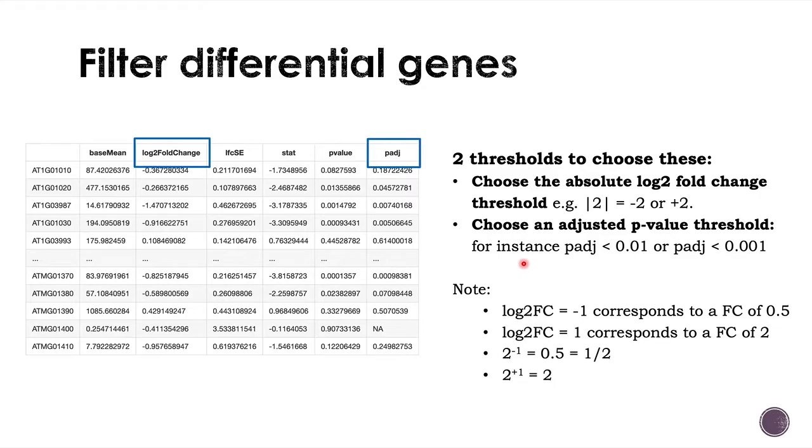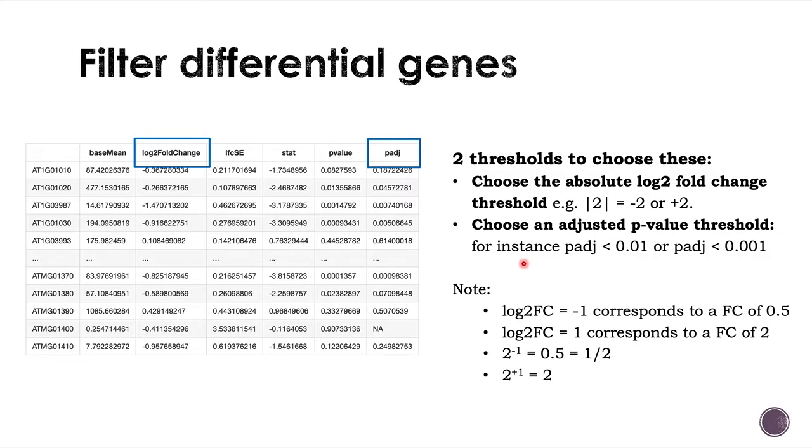If most of your log2 fold changes are small, let's say minus 0.5 to plus 0.5, there is no point in choosing a threshold of minus 2 plus 2, because you might lose most of your affected genes. So the threshold has to be chosen based on your data set. That being said, most publications will choose a log2 fold change threshold of minus 1 plus 1 or minus 2 plus 2.